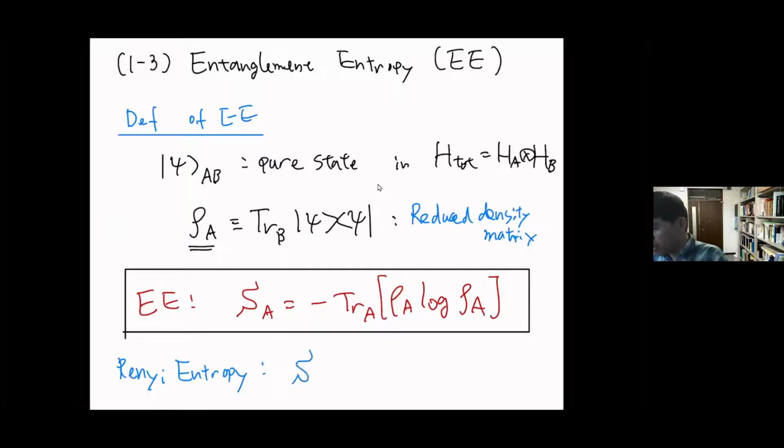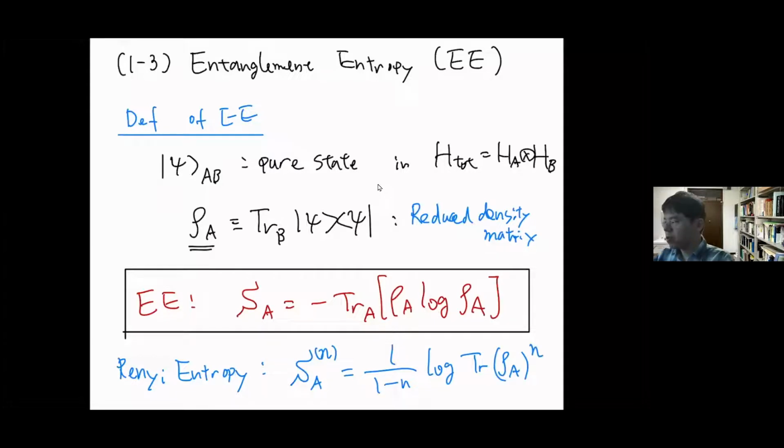This is defined with some parameter n as 1 over 1 minus n, log trace rho A to the nth power. If we take the n equal 1 limit, then we recover the standard von Neumann entropy, the entanglement entropy.